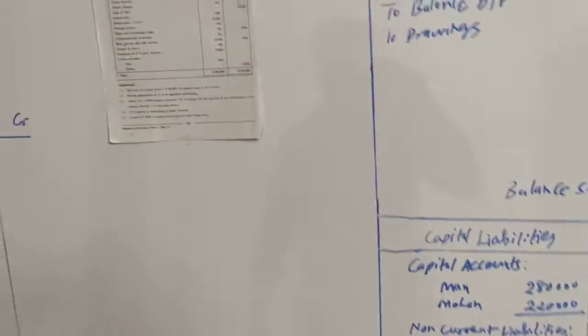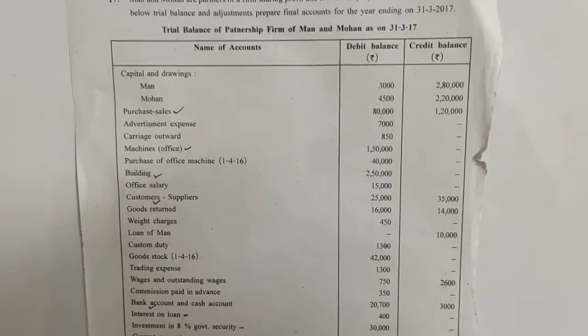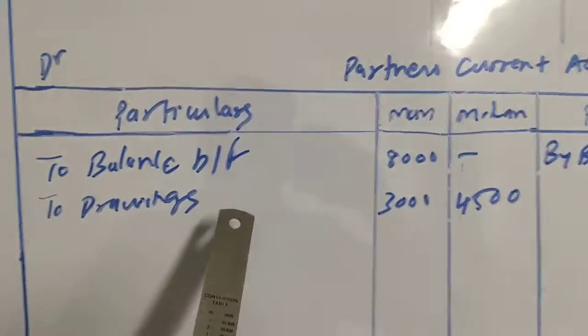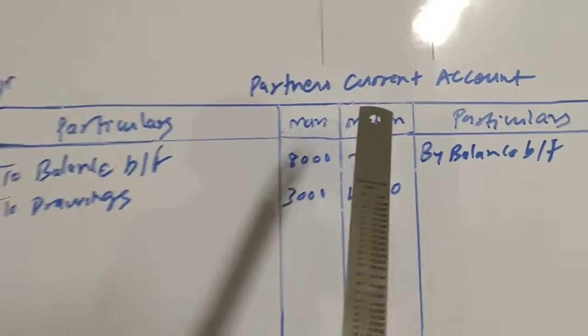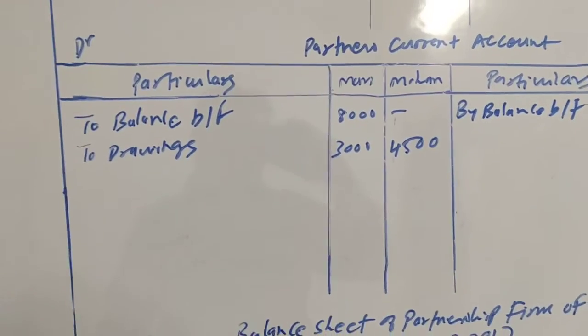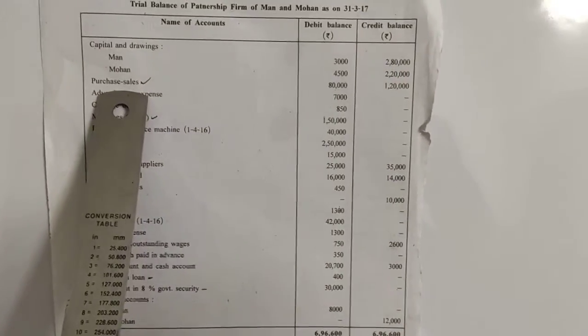Here drawing is 3,000 and 4,500. So the 3,000 and 4,500 drawings amount we will be writing at the debit side of partners current account. Next item is purchase and sales.